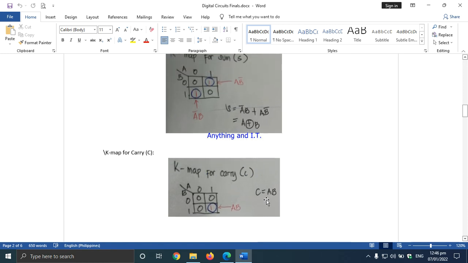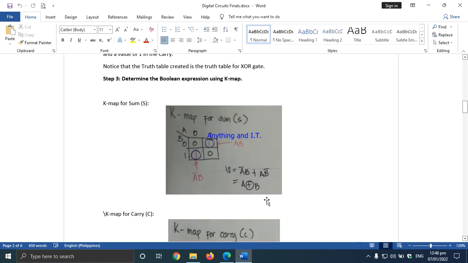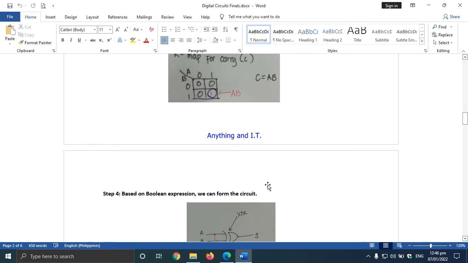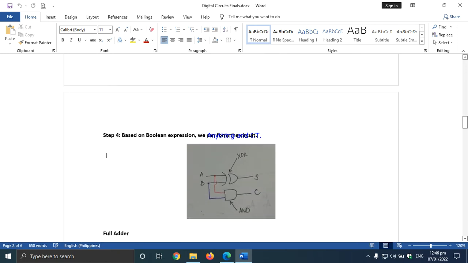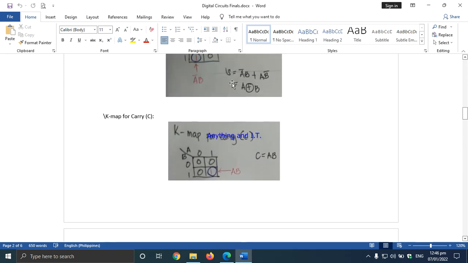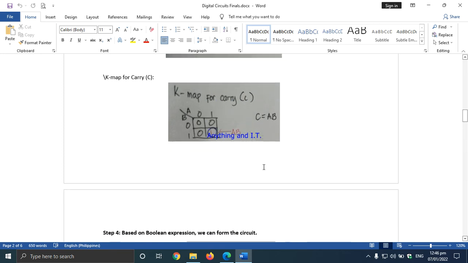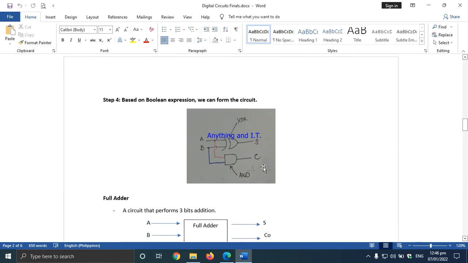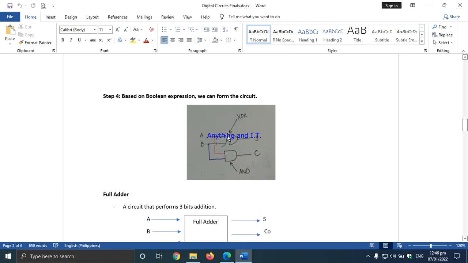So, we are now done with step 3. Just one more step, which is step 4. We will now draw or create the circuit based on our Boolean expressions where S is A XOR B and C is equal to AB. So, the answer is, since it's XOR gate, this is the symbol for XOR gate, here it is.